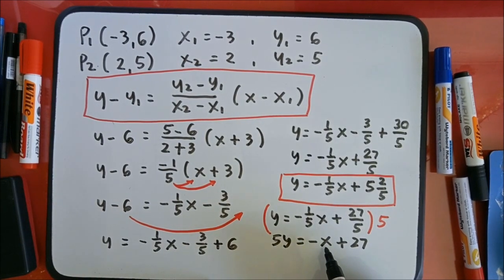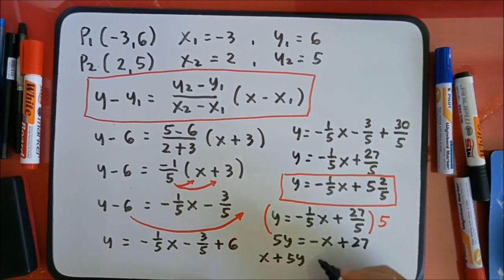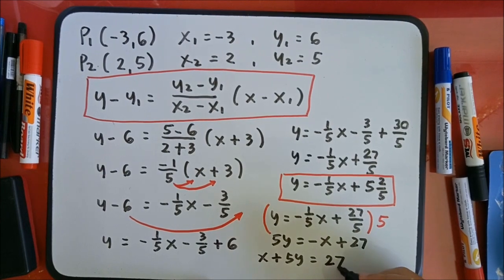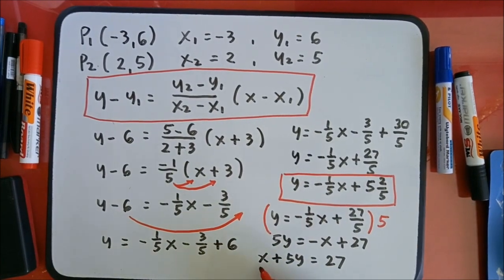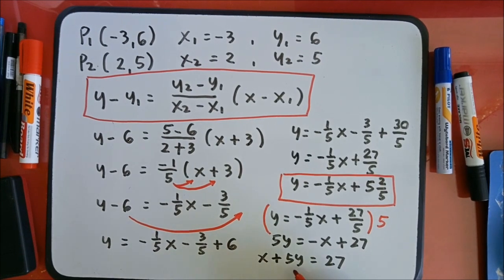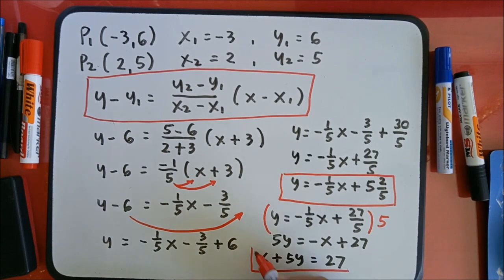Ito ay negative x. Ililipat natin dito para maging positive. So, x plus 5y is equals to 27. Now, standard form na ba yan? Yes, nauna yung x, positive. Pangalawa ay y, constant ay nasa kabila. So, this will be your standard form.